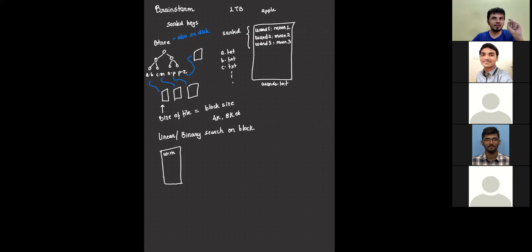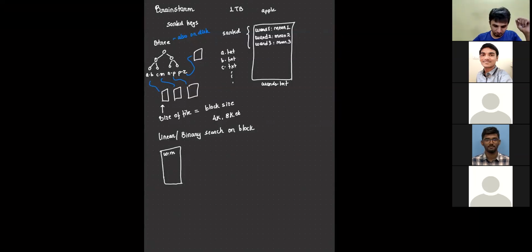Problem number one. Second would be if my dictionary size is 1 terabyte big. When would this be the case? When my meaning is too long, because words are very limited. Let's say only 100K or 200K words are there, but my meaning is too long. If I'm storing word and meaning together, then there is a problem.